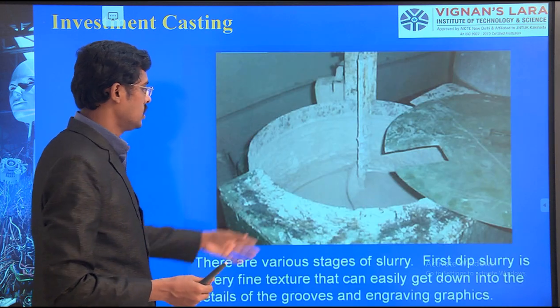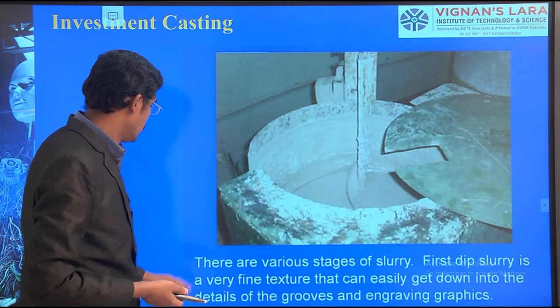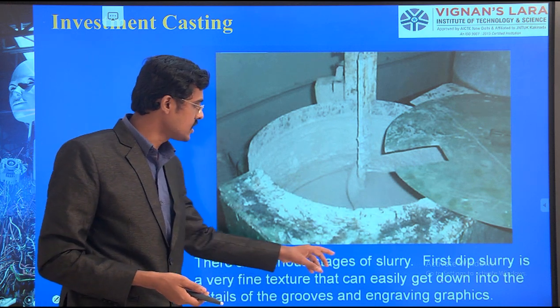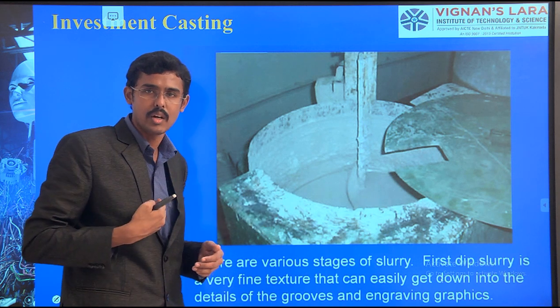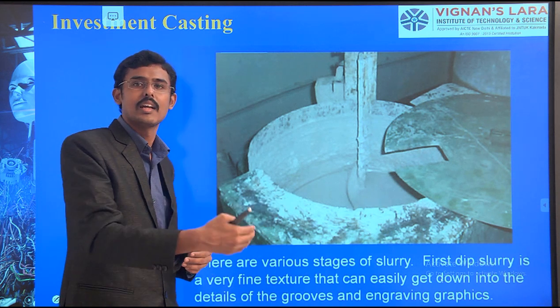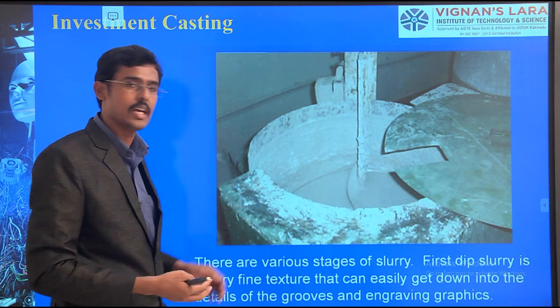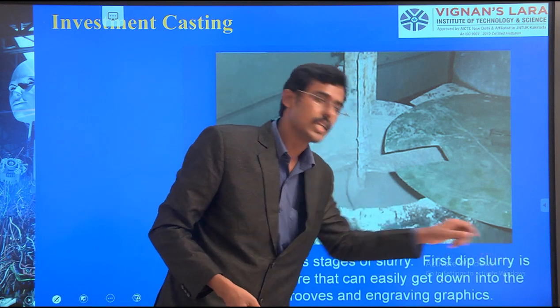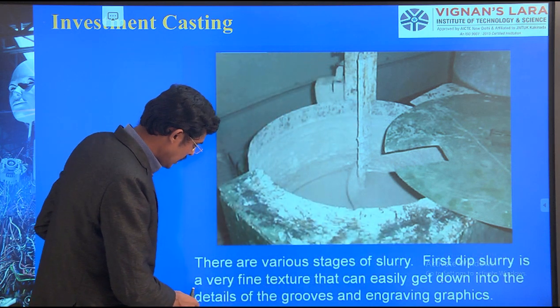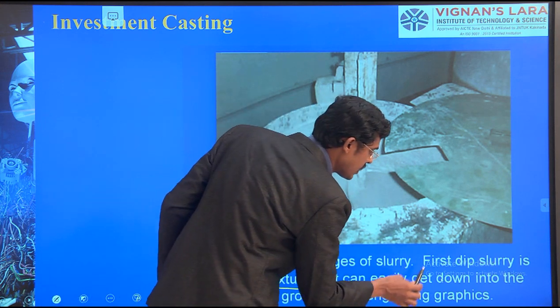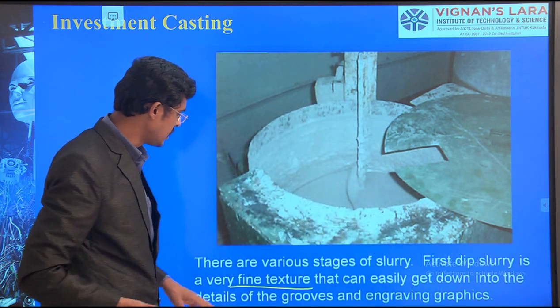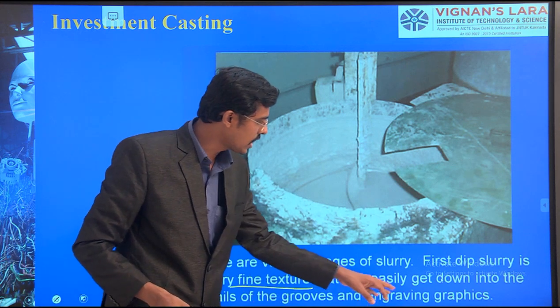Right. So now there are various stages in the slurry itself. What are the various stages? Dipping and drying, 5 to 6 stages. That is what they have given. First, dip in slurry with a very fine texture that can easily get down into the details of the grooves and the engraving graphics.